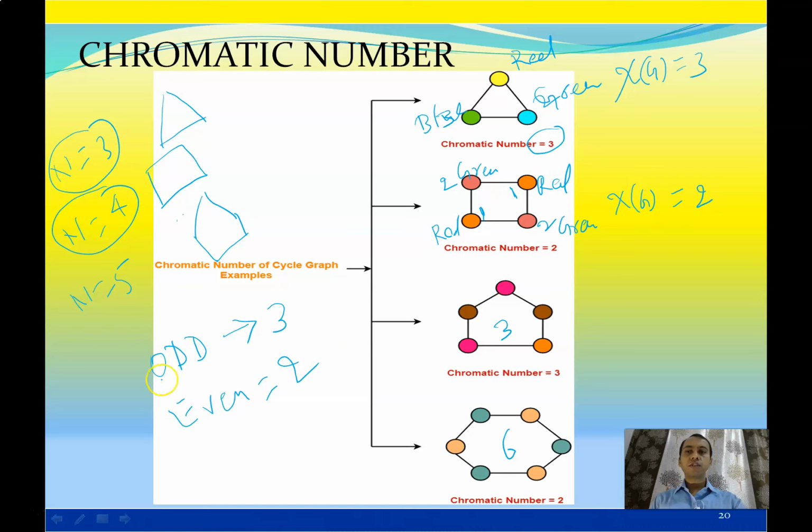If the number of nodes is odd, suppose here 3, so it is 3. Here 5 is odd, so it is 3. Here 2, here 6, then the chromatic number will be 2. In this way you can find it. So what will be the chromatic number for a cycle graph with 5000 nodes? You find whether 5000 is odd or even, and you can do it.